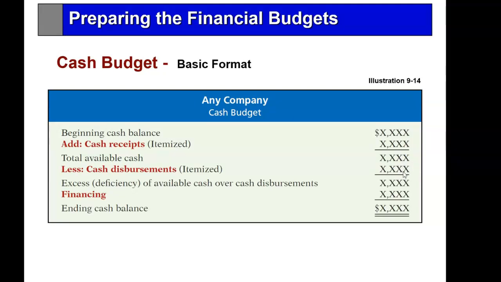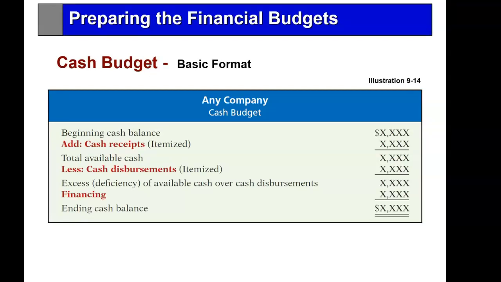And I compare the total cash disbursements to the cash coming in, and I either have an excess, that is more cash receipts than cash disbursements, or I have a deficiency, which means my cash disbursements, cash going out, is more than the cash coming in.